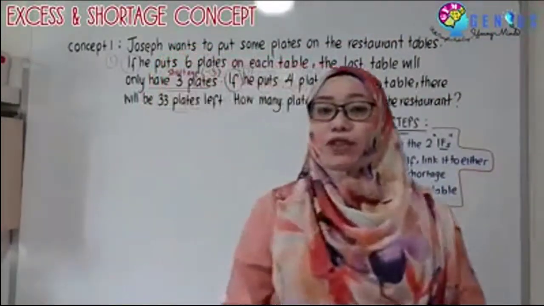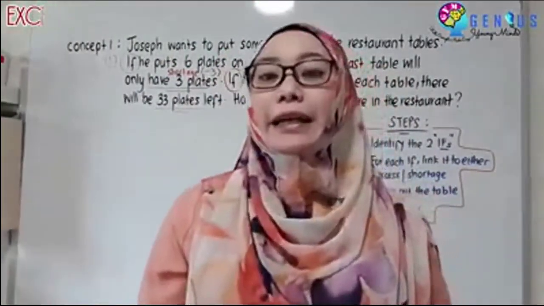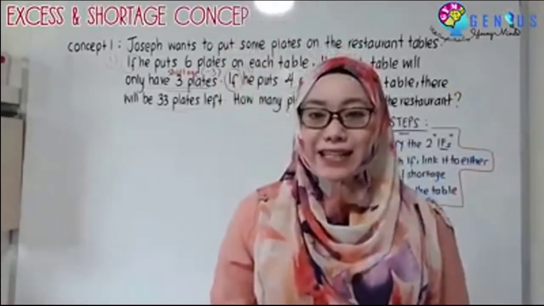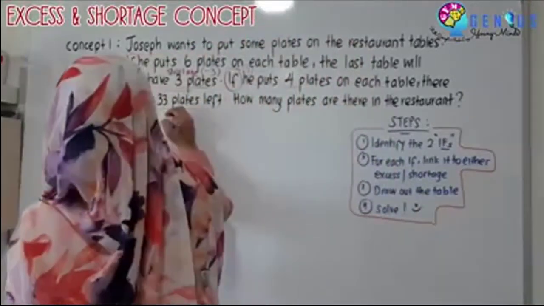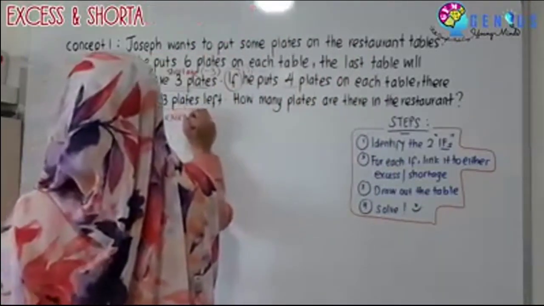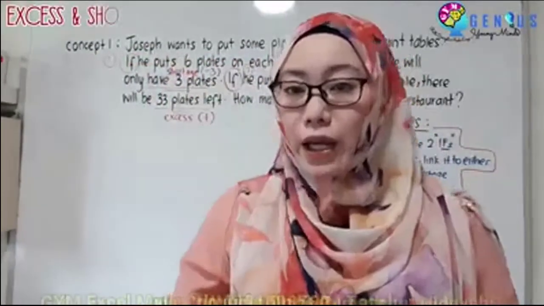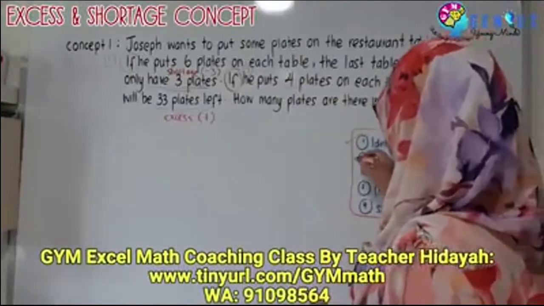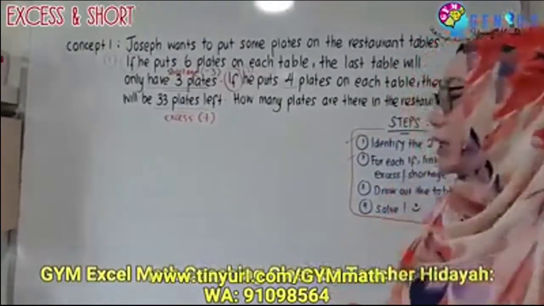When I have things left over, extra left behind after I put all the plates, this is an excess. Excess means extra. Extra means plus. So we have done this: identify the 2 ifs, and link each if to either the excess or shortage.